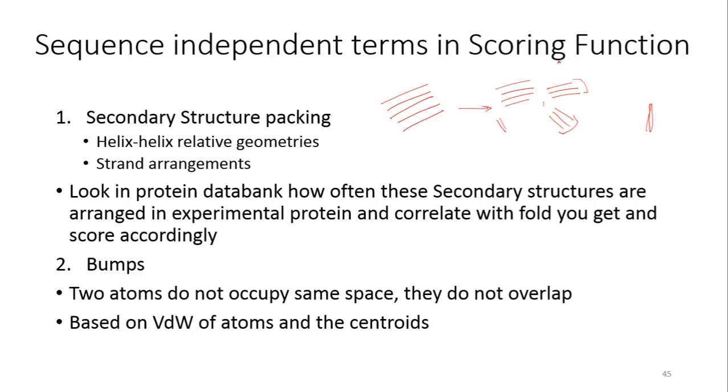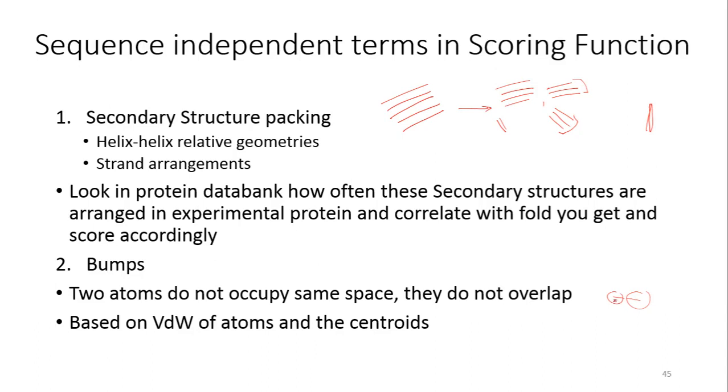Next feature can be in the form of bumps. Now you know that two atoms in your protein cannot occupy the same space. No two atoms in your protein can come closer than the sum of their van der Waals radii. That is, the two atoms do not overlap.